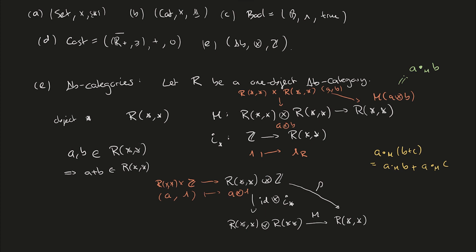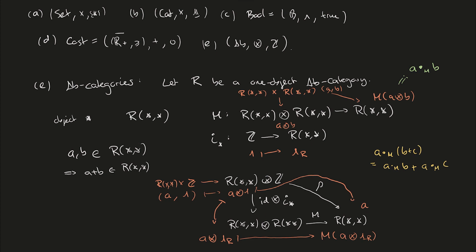Now under identity cross the identity morphism on star, this is mapped to A tensor 1_R. And finally, under the composition map, this is mapped to M(A tensor 1_R). On the other hand, we could have taken the right associator, and this gives us A.